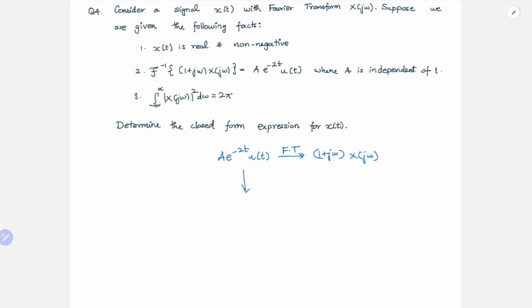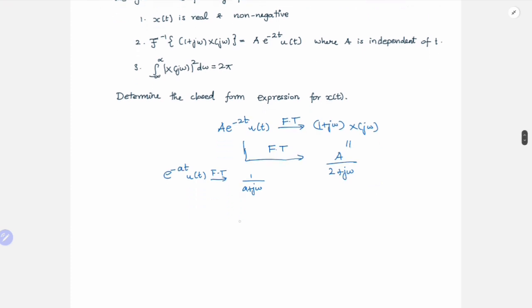But we can actually derive the Fourier transform of this, right? e power minus a t u of t has Fourier transform 1 by a plus j omega. So here there is just a constant, right? So it is going to be a by 2 plus j omega. So these both are going to be equal. So 1 plus j omega into x of j omega is equal to a by 2 plus j omega. So x of j omega is nothing but a by 1 plus j omega into 2 plus j omega.